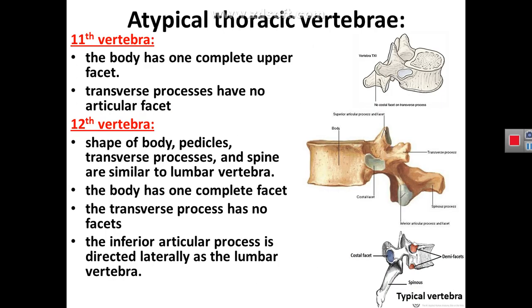The atypical 11th vertebra, as this figure shows, simulates the T10 vertebra, as it has no lower demifacet and has a complete facet on the body. But what makes you differentiate between T10 and T11 is that the transverse process of T11 does not show a facet for articulation with the tubercle of the rib.